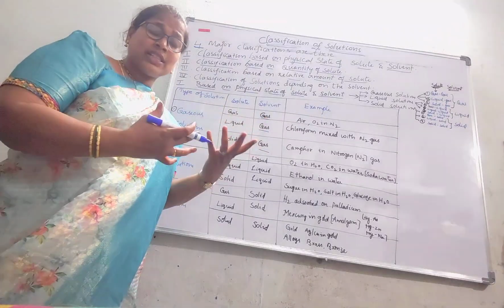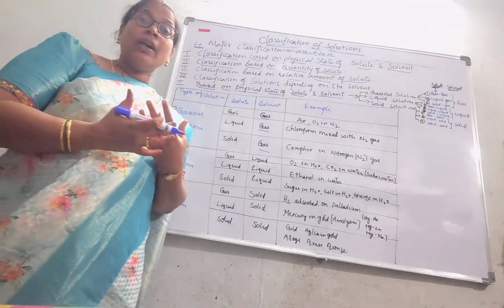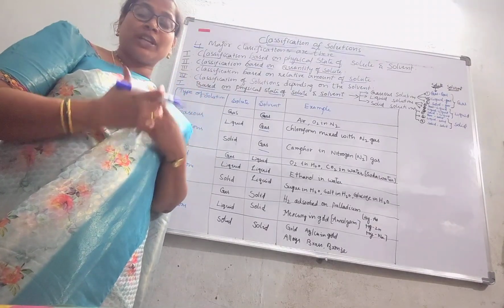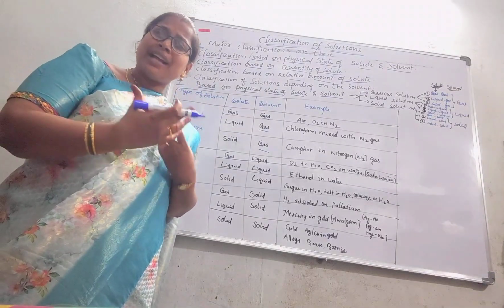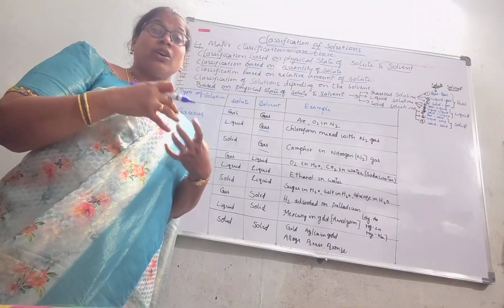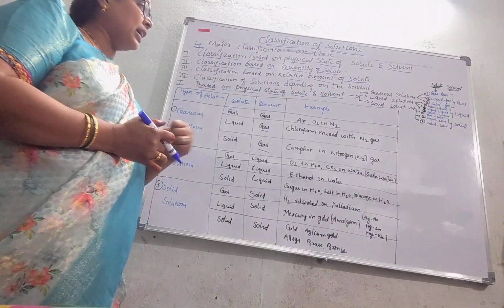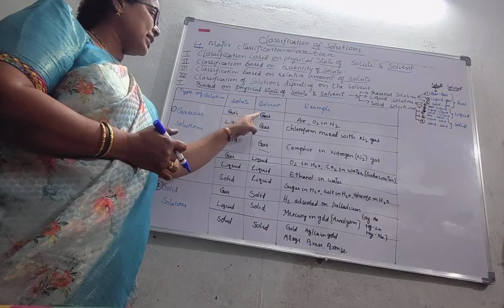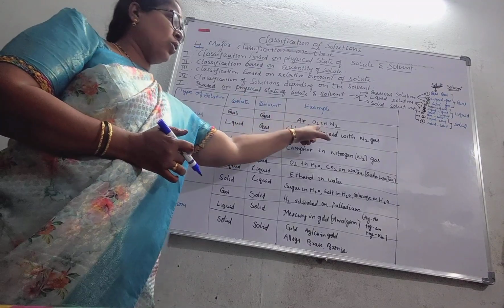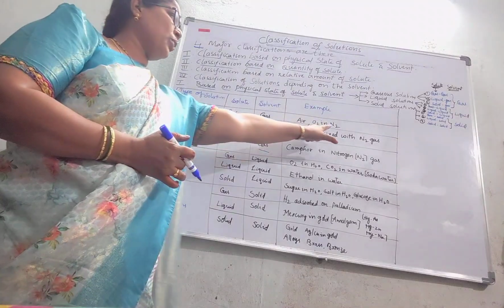Generally we see air. Air is nothing but a gaseous mixture. Different gases are present: nitrogen, oxygen, carbon dioxide, argon, and other inert gases. So air is an example of gas in gas type. Why do we say nitrogen particularly?